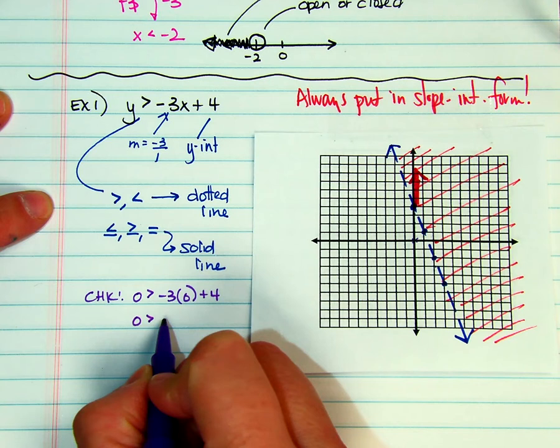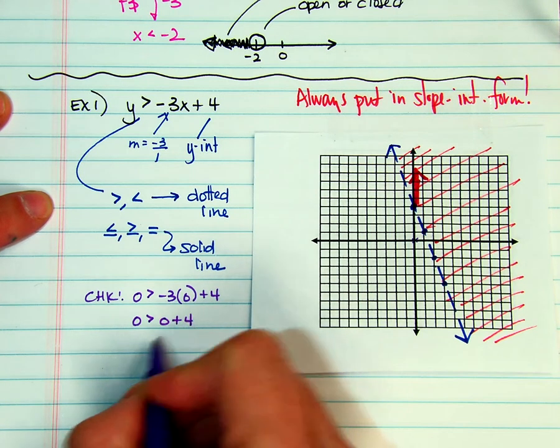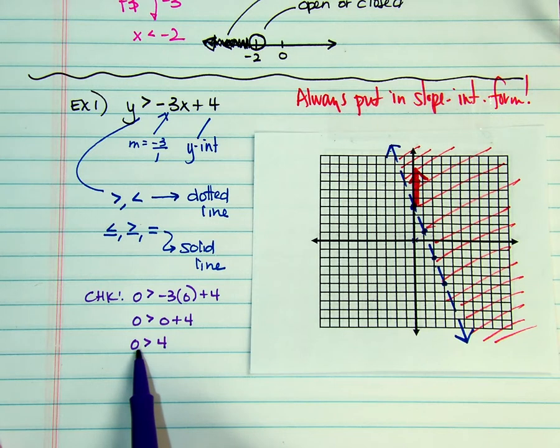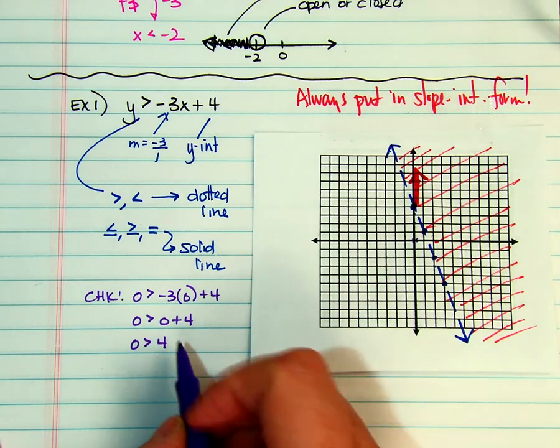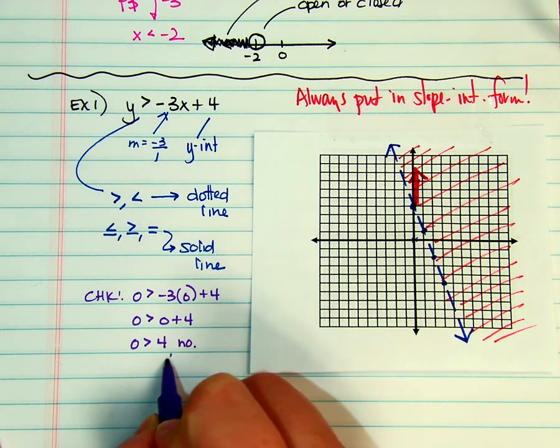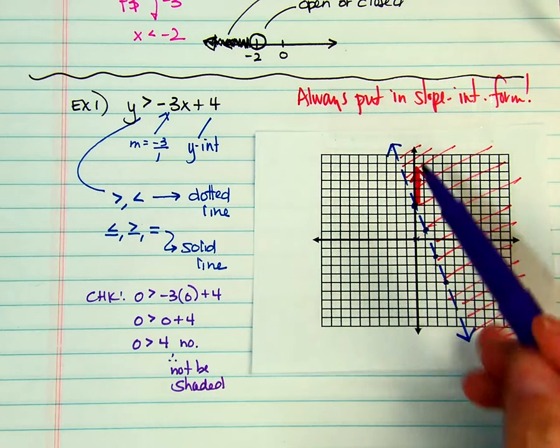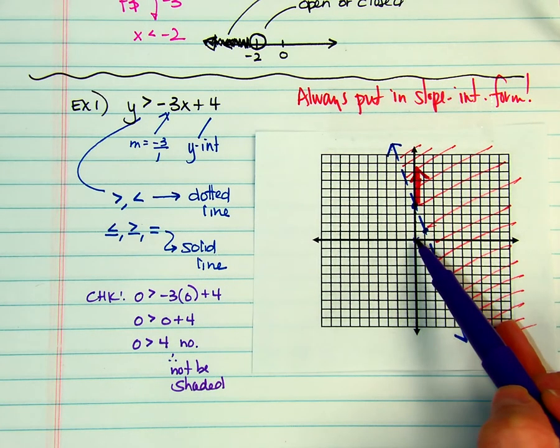Is 0 greater than 0 plus 4? Is 0 greater than 4? The answer is no. Therefore, this should not be shaded. And 0, 0 is right here, and it is not shaded.